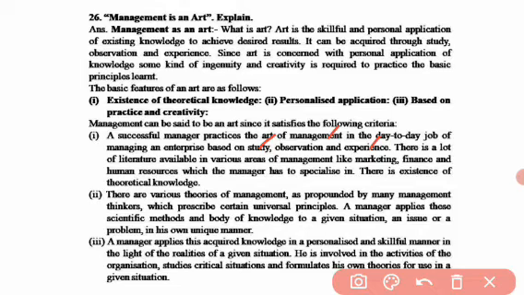These are the three important concepts which make the manager successful. There is a lot of literature available in various areas of management like marketing, finance and human resources, in which the manager has to specialize. There is existence of theoretical knowledge.